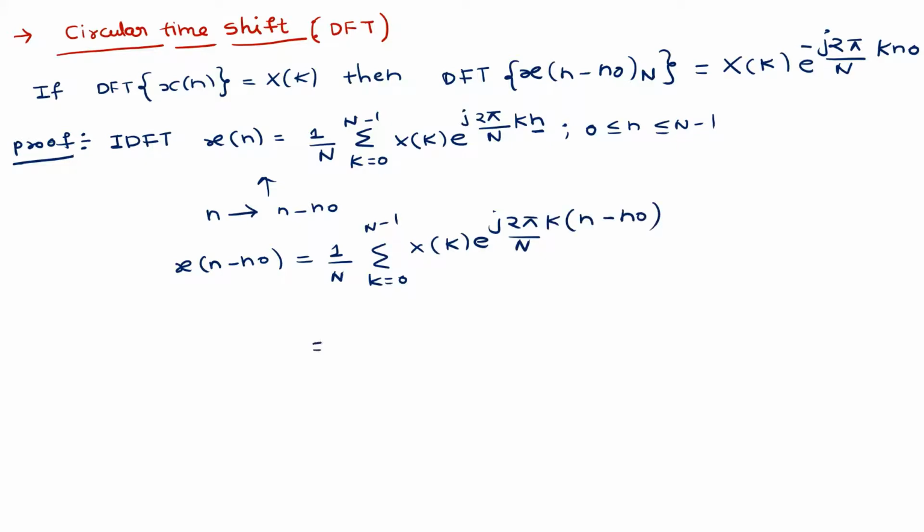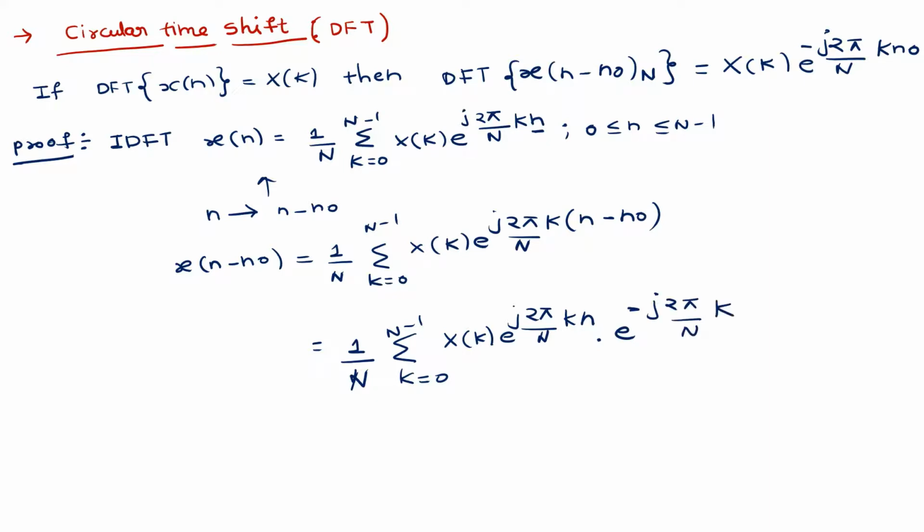All right, so we can write this as 1 by N summation of k equal to 0 to N minus 1 X of k e power j 2 pi by N k n into e power minus j 2 pi by N k n naught.